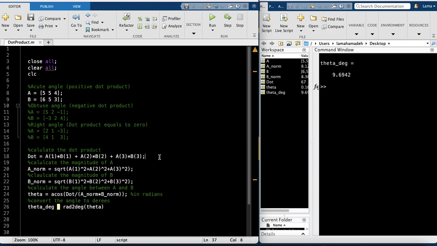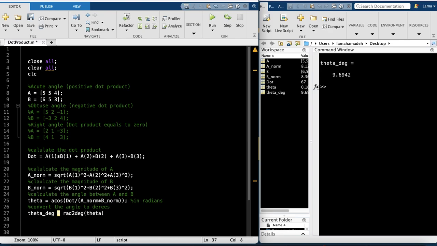Just as a side note, there are in MATLAB built-in commands that will calculate dot product and the magnitude of vectors.